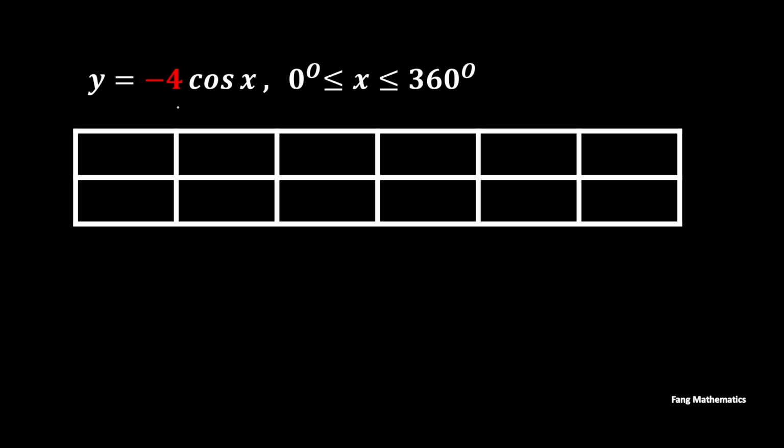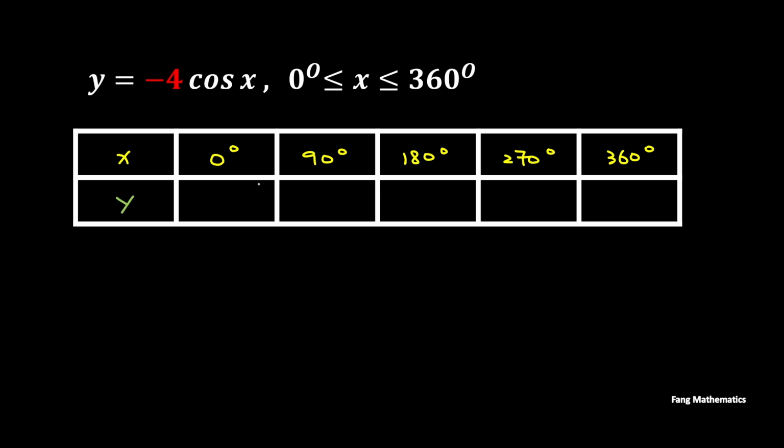Moving on, we look at the next question, in which you should see that there is a minus sign attached to the 4, and we use the same way to graph this trigonometric function. We take the x values starting from 0 degrees with 90 degrees interval, and we get the corresponding y values using the calculator.